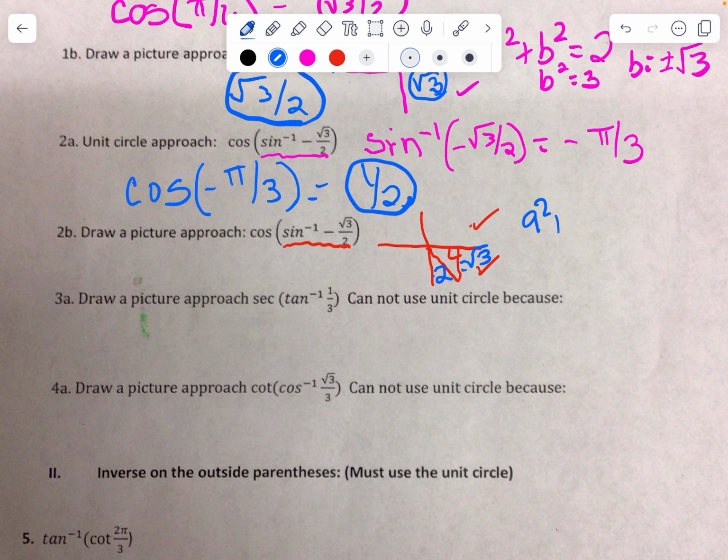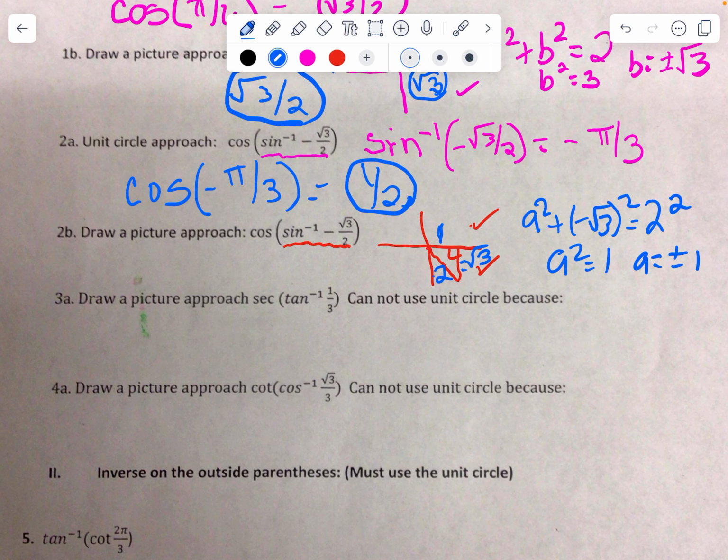So you say a squared plus negative root 3 squared equals 2 squared. That gives me a squared is 1, so a is plus or minus 1. And I have to choose the plus or minus since it's on the positive x-axis. We're going to say that it's positive 1.